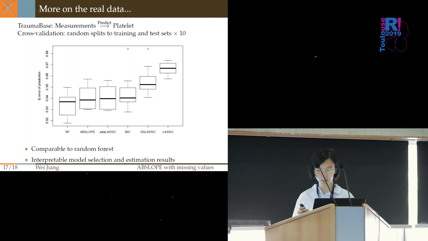After cross-validation, here we present the L2 norm of prediction error. We see that our method AB-SLOPE is comparable to random forest. But in addition, we also have interpretable model selection and estimation results.